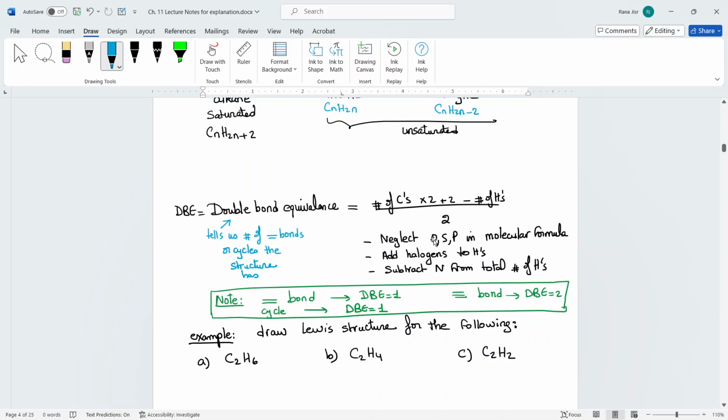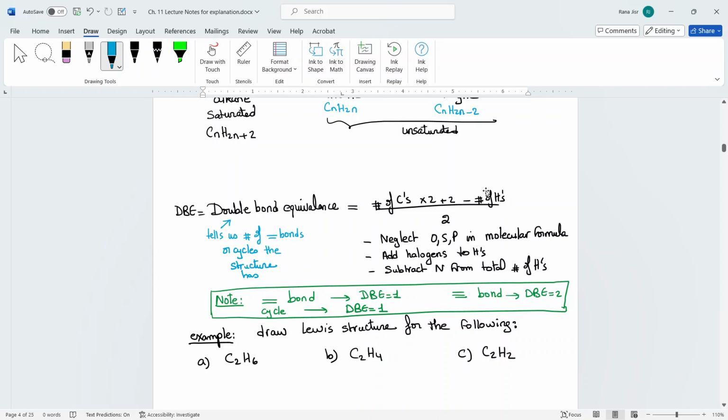If your molecular formula has oxygen, sulfur, or phosphorus, just go ahead and neglect it. If it has any group 7 elements, which we call halogens, then you're going to add them to the number of hydrogens. So let's say your formula has 2 halogens, 2 chlorines for example, and 6 hydrogens, just add them together. 6 plus 2 is going to be 8.